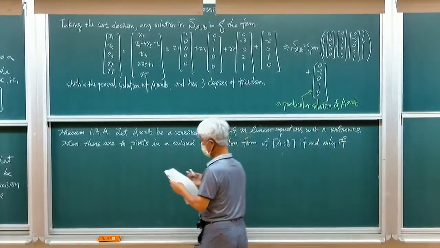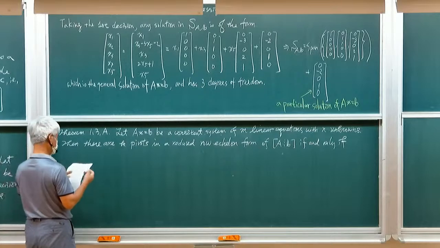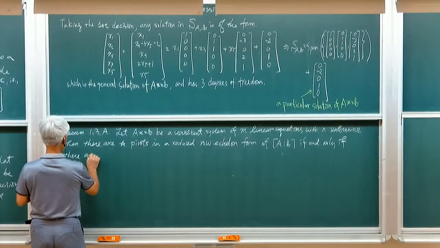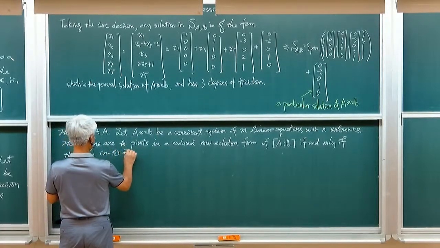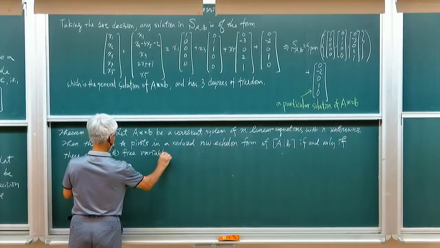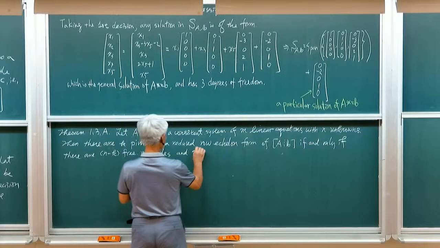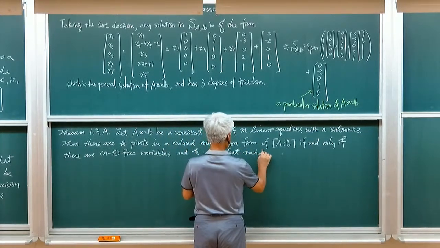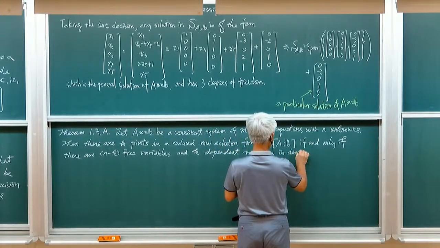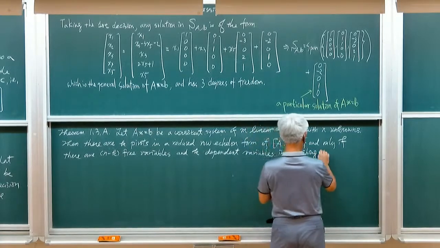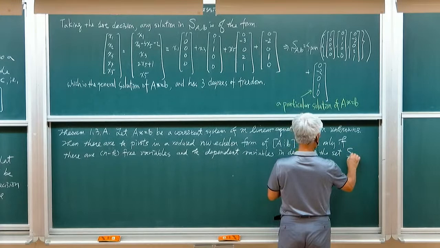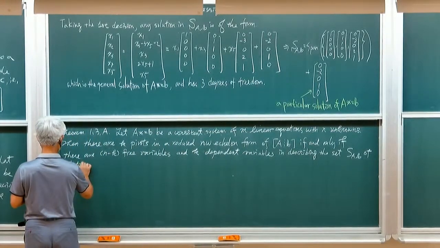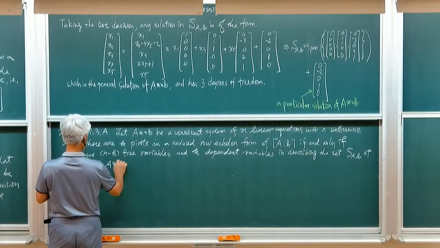So the statement is that if we have k pivots in a reduced row echelon form of the augmented matrix, if and only if there are n minus k free variables and k dependent variables in describing the set S(A,b) of solutions of Ax equal to b.